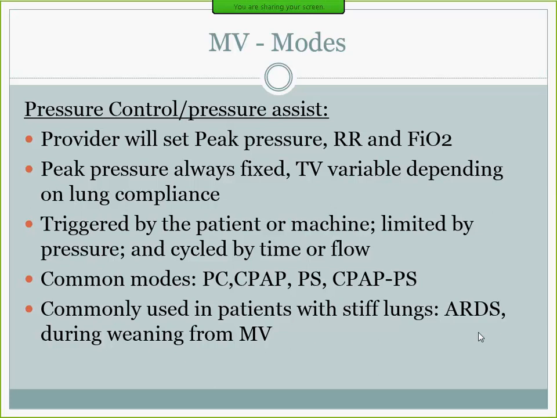Usually it doesn't change from breath to breath, but in the conditions where we use pressure control mode, things can get better over time. It can get better very quickly, over a few hours, and your tidal volume may go way too high and create complications. Triggered by patient or machine and limited by pressure. So basically pressure is controlling it, and these are the common modes.